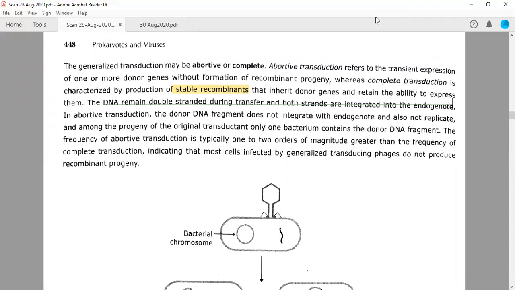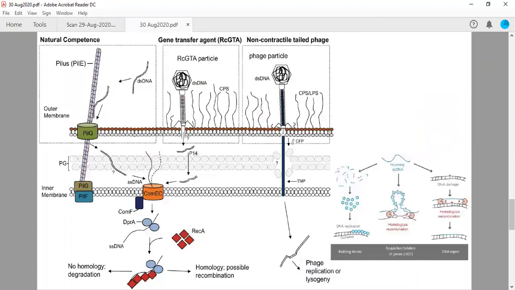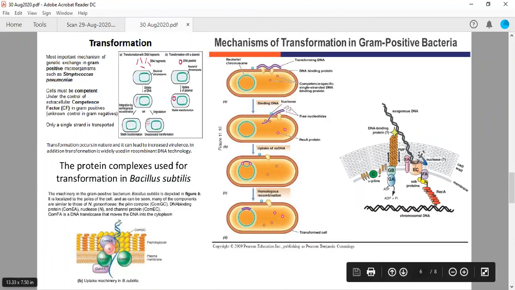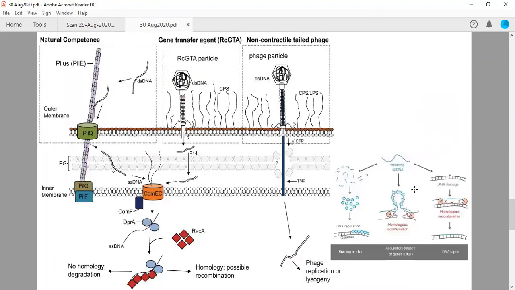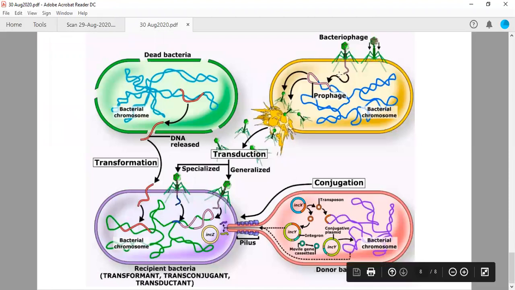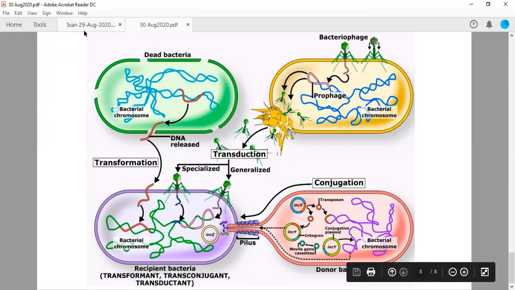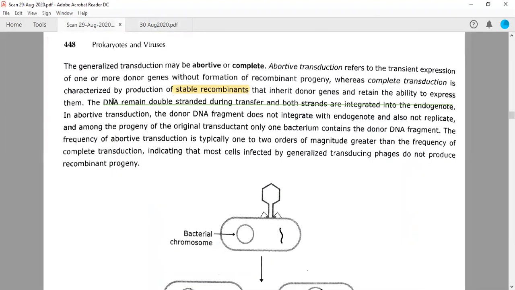In transformation, we have noted that when the DNA goes inside the bacterial cell, out of the two strands only one will move, so single-stranded DNA will be able to integrate into the bacterial chromosome. But in the process of transduction, both the strands of DNA will be able to integrate into the bacterial chromosome. So you need to note this.